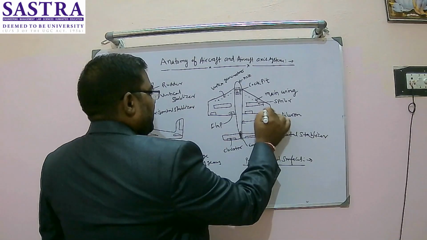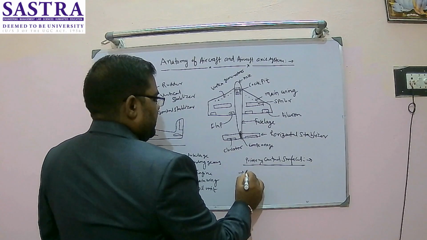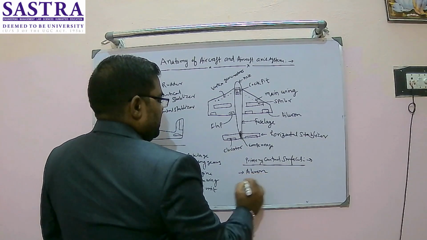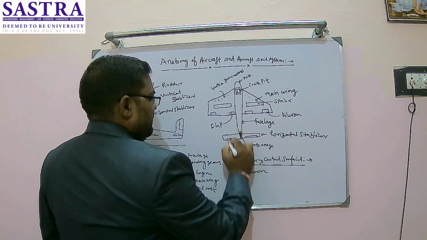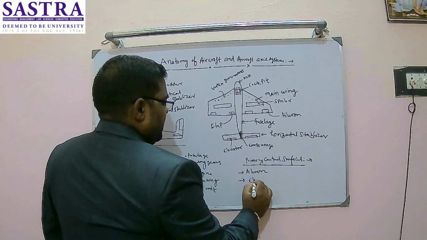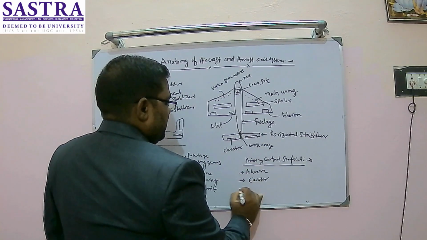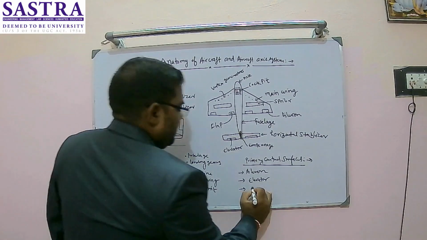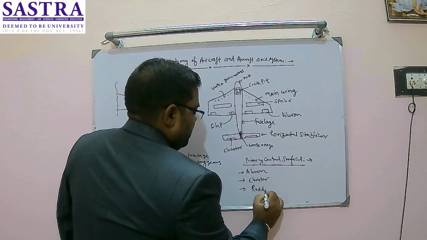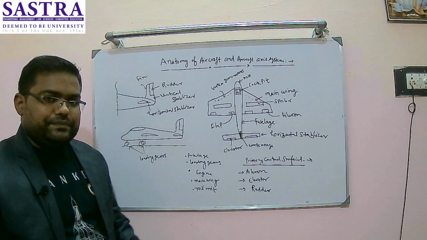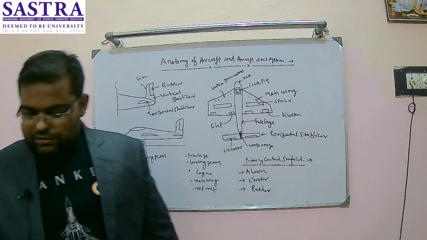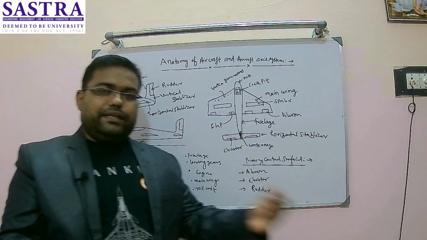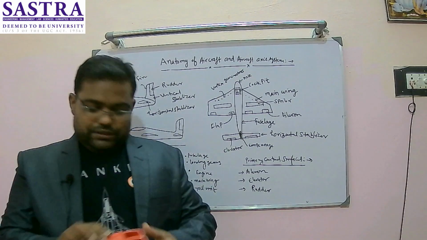One is at the wing, which is the aileron. Second, at the horizontal stabilizer, is the elevator. And third, on the vertical tail, is the rudder. So these are the three primary control surfaces. Let's see how they actually work.